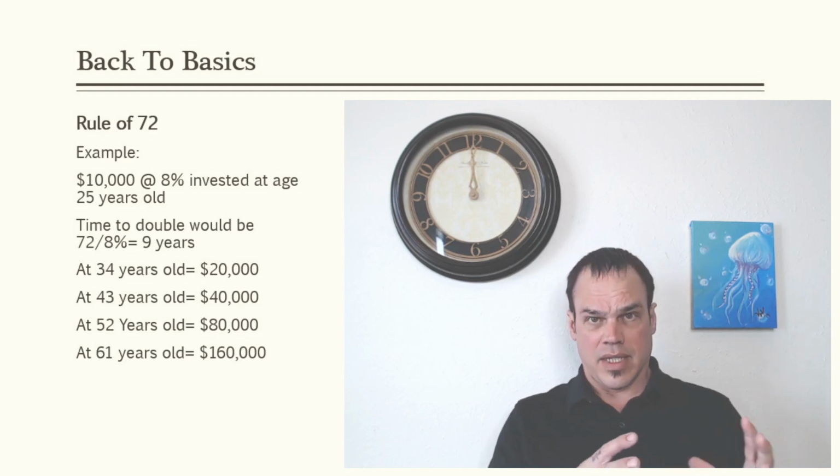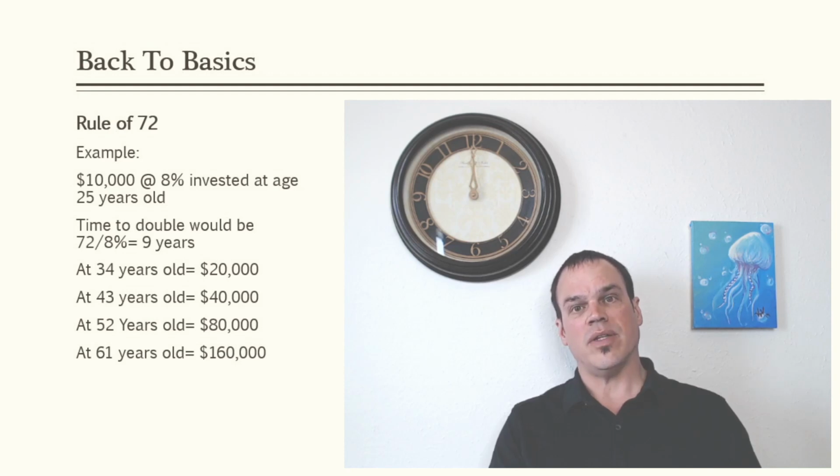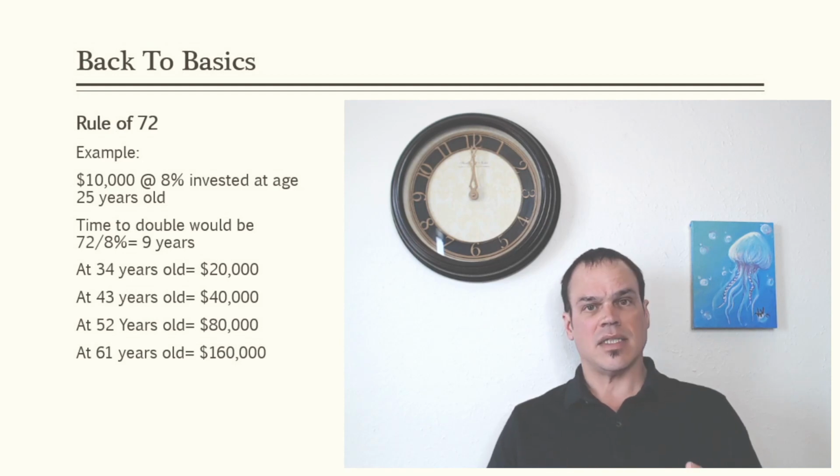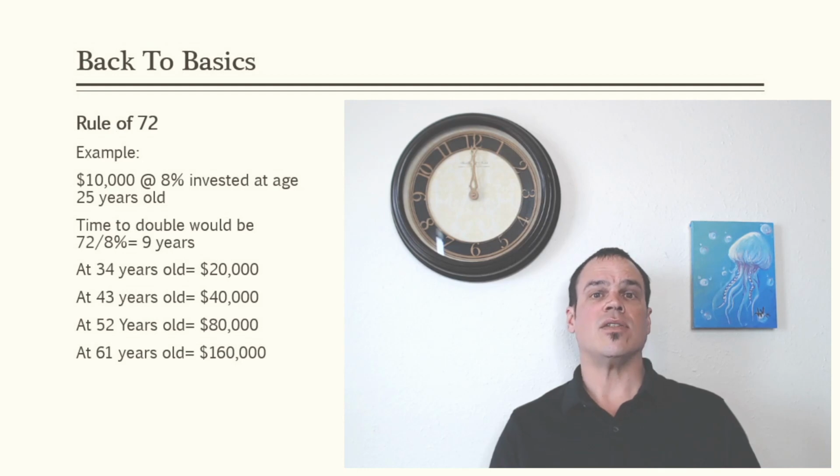So in those two examples, you can see how investing at a better interest rate is going to be to your advantage in the long term. Now, this example is just using the premise that you're going to invest $10,000 and you're going to leave it, and you're not going to be adding to it every year, and you're not going to see fluctuations. So we're talking average return on the stock market.